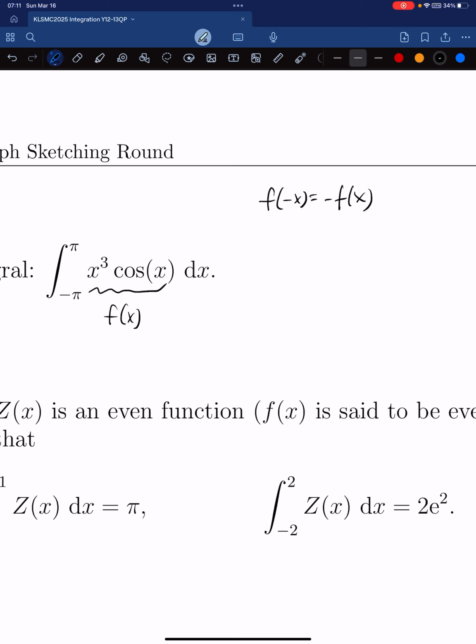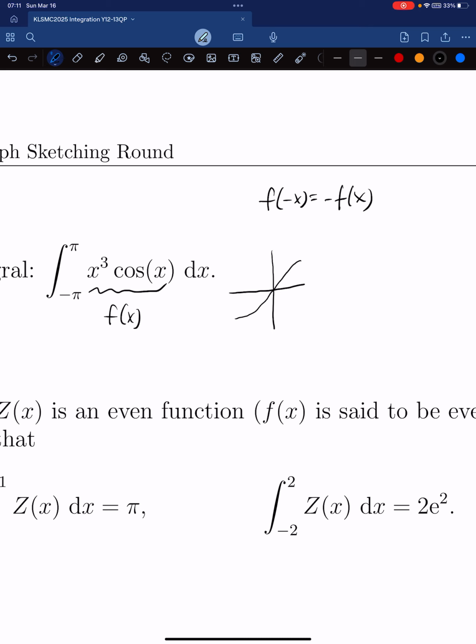If we consider a function f that has the property f of negative x equals negative f of x, it will look something like this. This is an example of such a function.